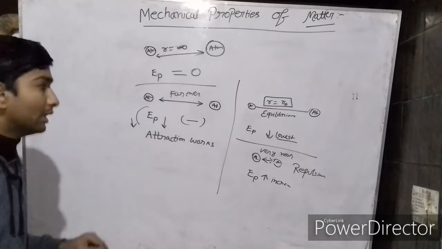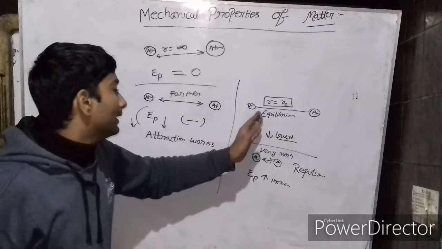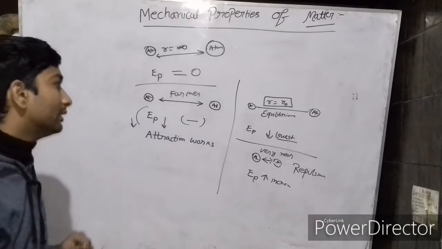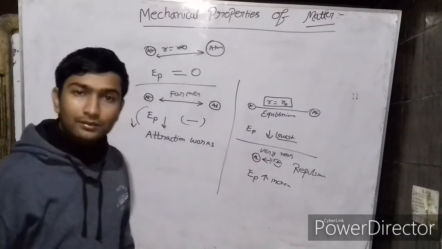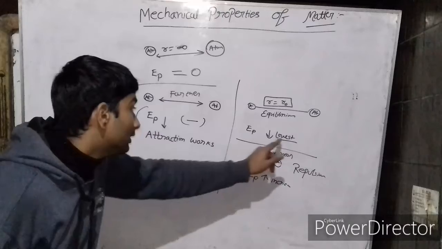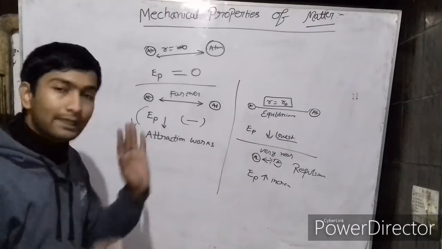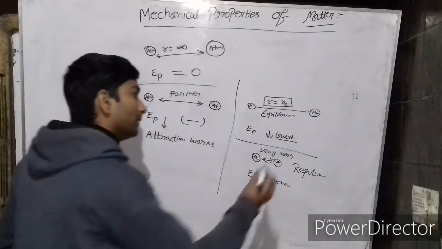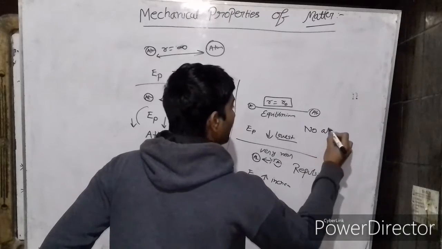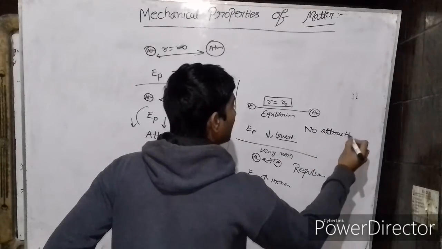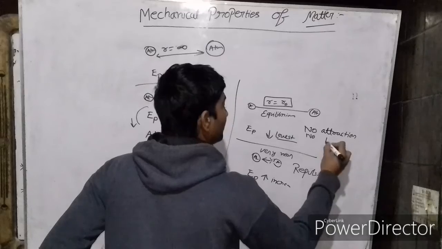Attraction works. And lastly, when they are put at a certain distance, they are in equilibrium state, meaning the potential energy is lowest. Here neither attraction nor repulsion takes place. No attraction and no repulsion.